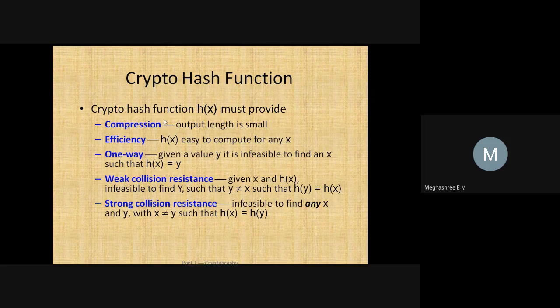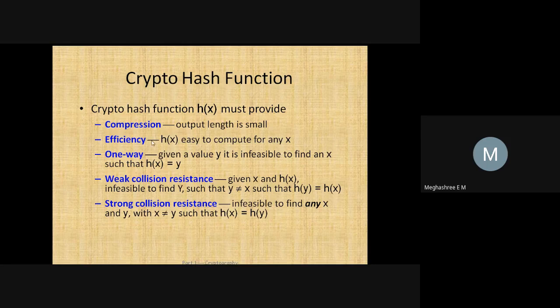For an input x of any size, when you perform the hash function, the length of the output y should be small compared to the length of the input message. That is the first characteristic, compression.